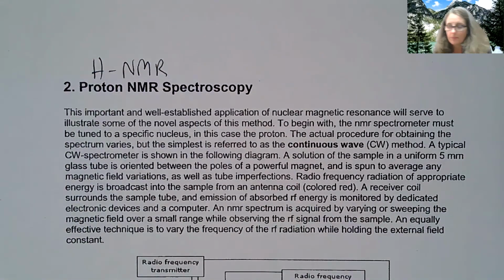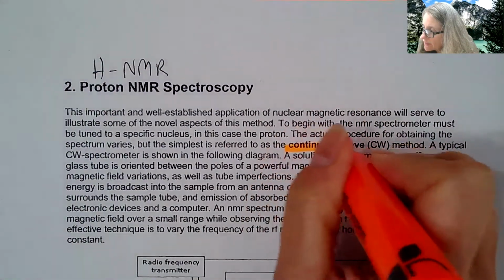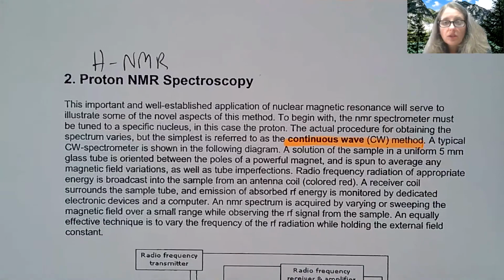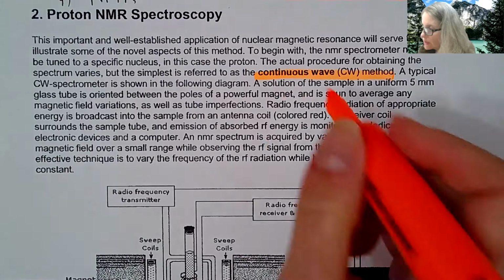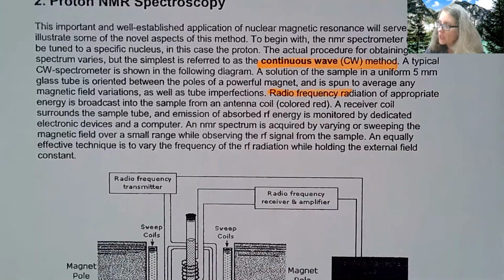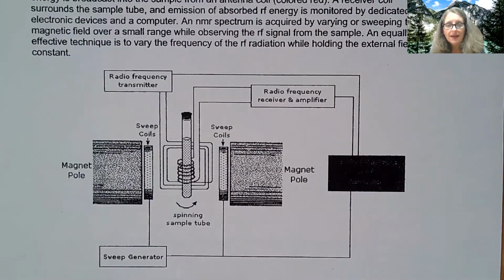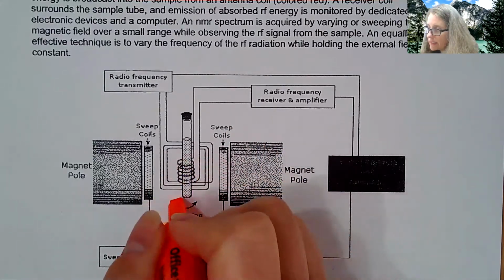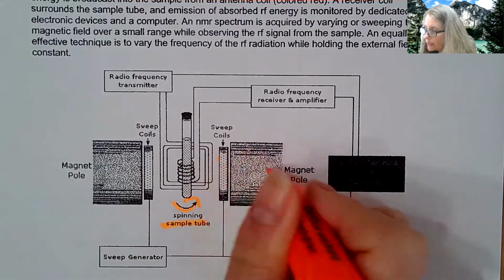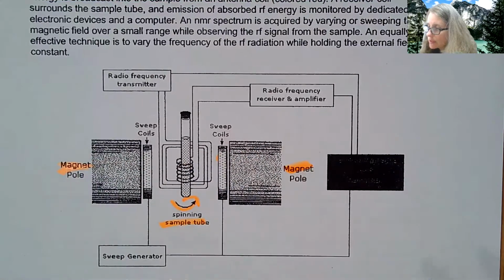Okay. So what we have is a setup with what we call a continuous wave. So that means we are hitting it with radio frequency. So this is a basic schematic. Here is your sample tube. What you're doing is spinning the sample tube and putting it in a very strong magnet.